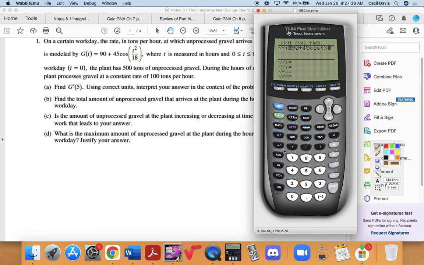So it'll be cosine of x squared divided by 18. All of you physics fans out there want to make sure that you have done what? Switch it to radians. Yeah, make sure that it's in radians.